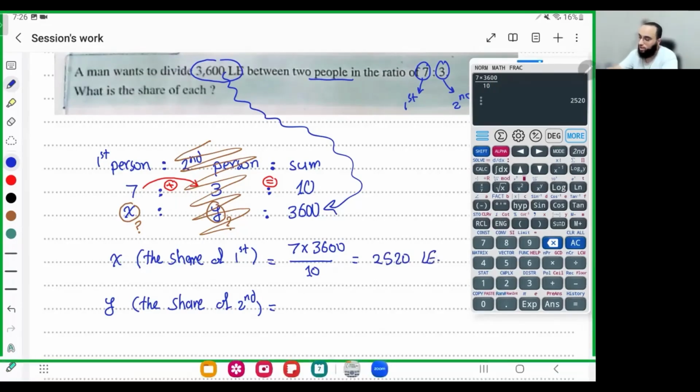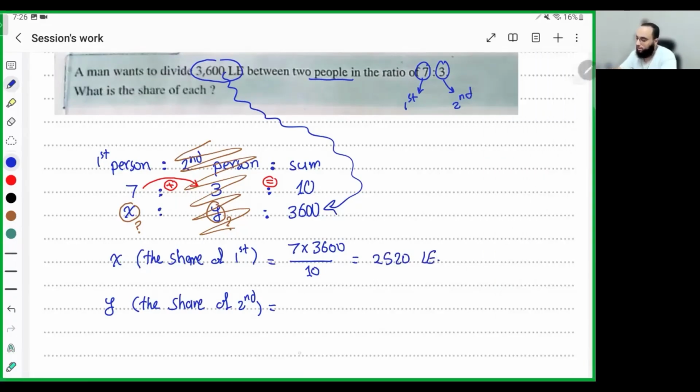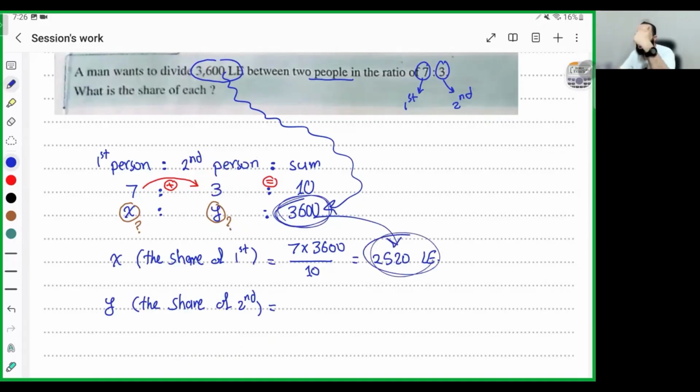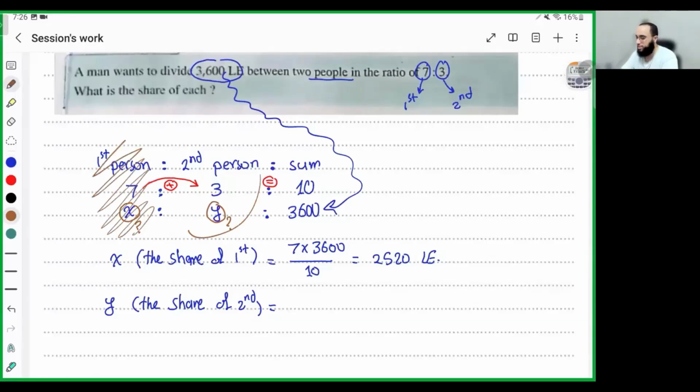That's it. Okay? If you want to get the share of the second, you can do it by 2 ways. You can subtract the first part from the whole, which gives you the second part. Or you can apply the cross multiplication again with the second section right now. So I deleted the first section because we are calculating the second section.